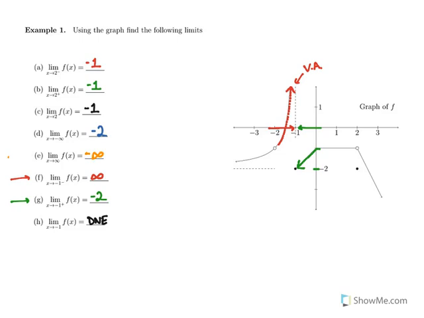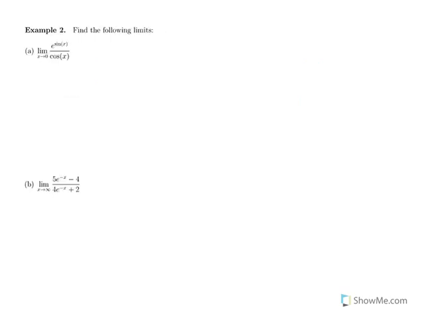All right, now let's look at some examples of limits algebraically, thinking about what's going on here. So first one, the limit as x approaches 0 of e to the sine of x over cosine of x. So let's think about this using some of the properties of limits that we had before. Note that e to the x is a continuous function.